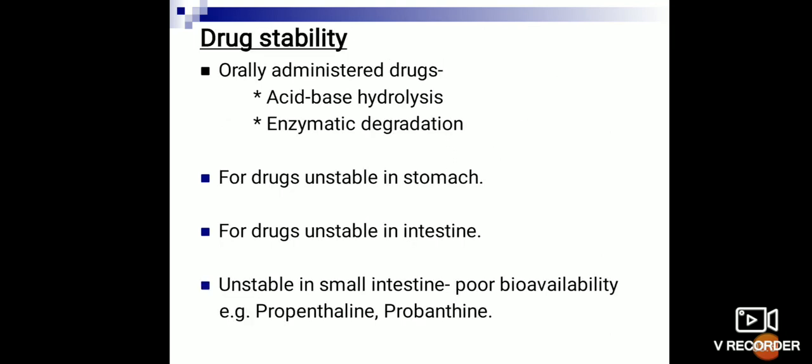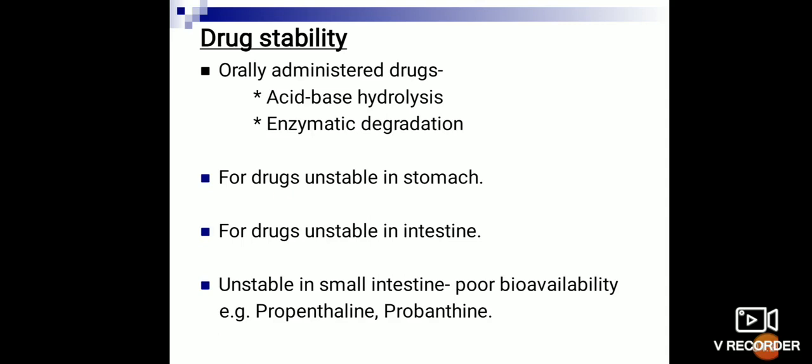Another factor is drug stability. The orally administered drug has two problems, that is acid base hydrolysis and enzymatic degradation. So the stability is considered during the manufacturing of controlled drug delivery system and sustained drug delivery system.